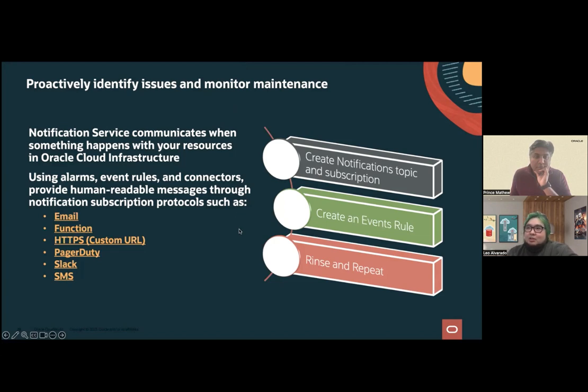You can choose whether you want it delivered by email, or you can set up a notification action to run a function, send an HTTPS request, send it through Slack, or send a text message through SMS. Next slide, please.